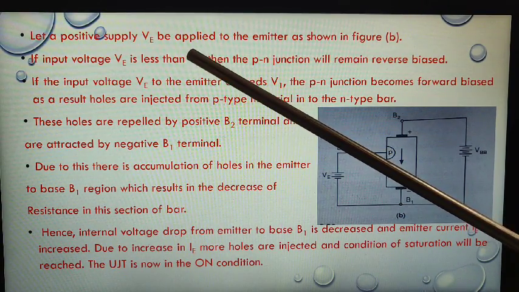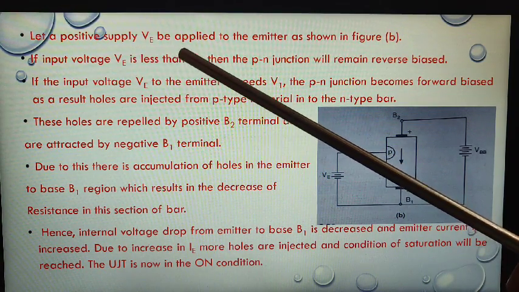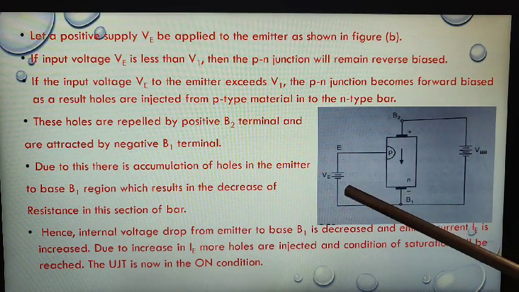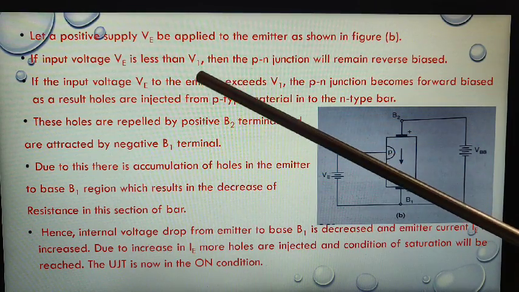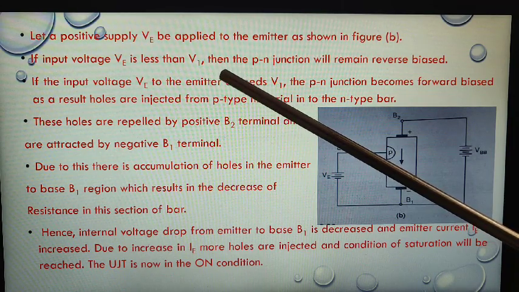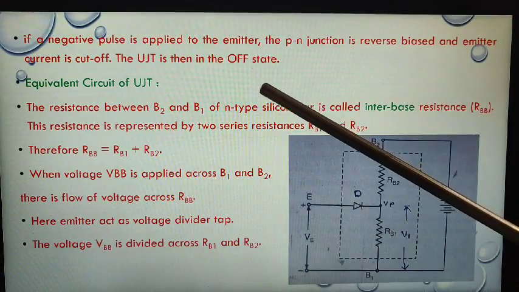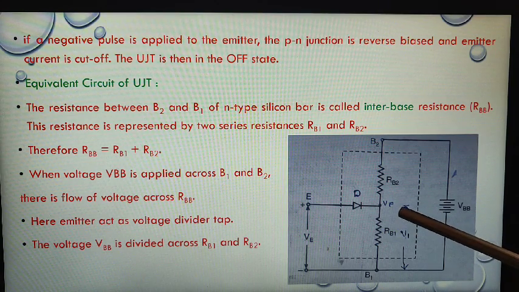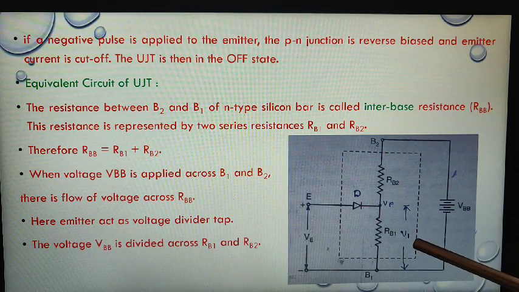Next we apply the voltage. Let a positive supply VE be applied to the emitter as shown in the figure. The voltage between the center of this PN junction diode and the base B1 is called V1.